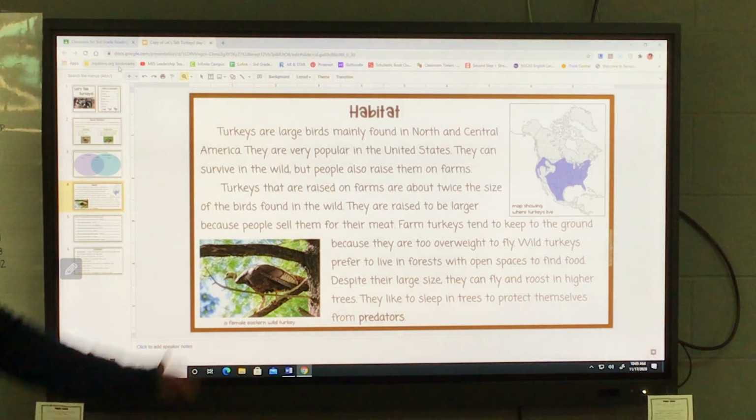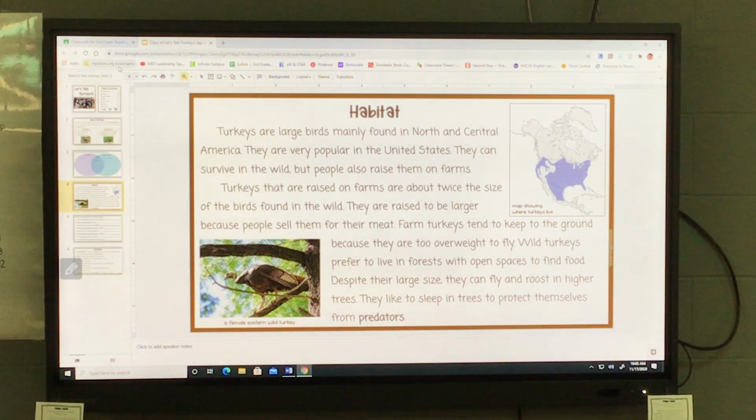Let's read through the habitat section. It says turkeys are large birds mainly found in North and Central America. They are very popular in the United States. They can survive in the wild, but people also raise them on farms. Turkeys that are raised on farms are about twice the size of the birds found in the wild. They are raised to be larger because people sell them for their meat.